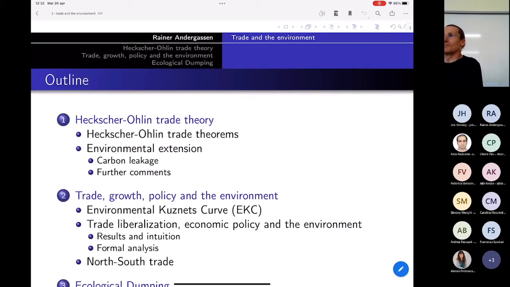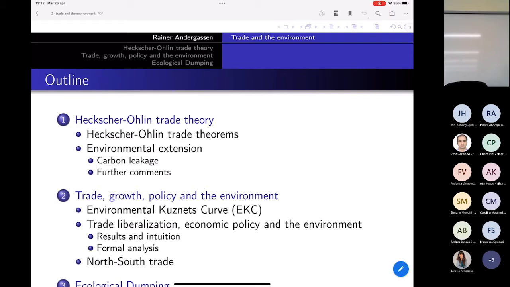So here, what I would like to discuss in particular are the following specific things. I would like to talk about carbon leakage. This is again a big topic, as you have seen when I discussed Sweden last week.